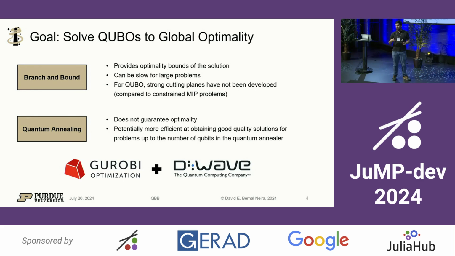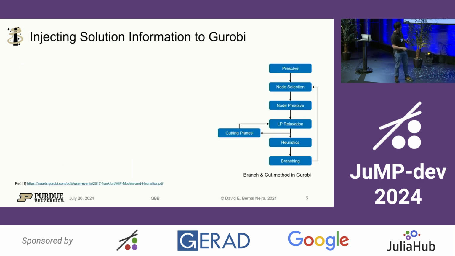For this, we needed a lot of software, we needed a great platform, and we needed a programming language and an algebraic modeling language that would help us support this kind of integration. We found in JuMP, and in particular in QUBO.jl, all the tools that we needed to perform these experiments. What we are going to do is inject solutions, or solution information, into Gurobi, right?